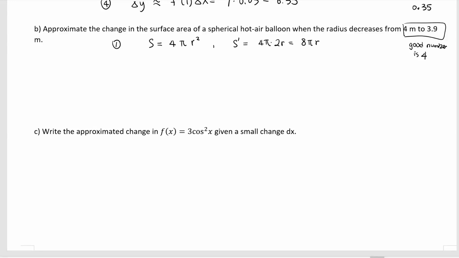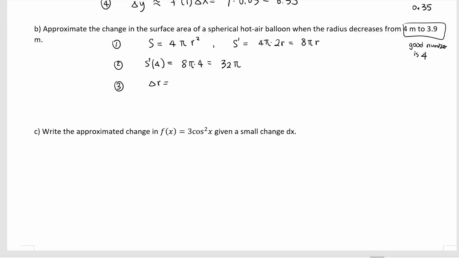Okay, so a is 4. So second step, we plug in s prime of 4. That gives us 8 pi times 4. What is 8 times 4? 32 pi. Great.